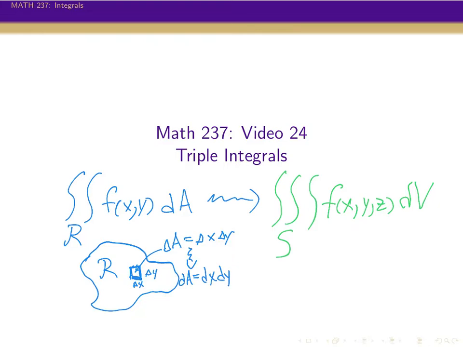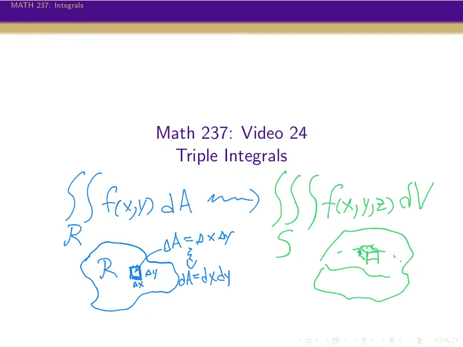If you think about this, we have some solid now in 3 dimensions, and we're imagining breaking this up, instead of into little rectangles, into little boxes.